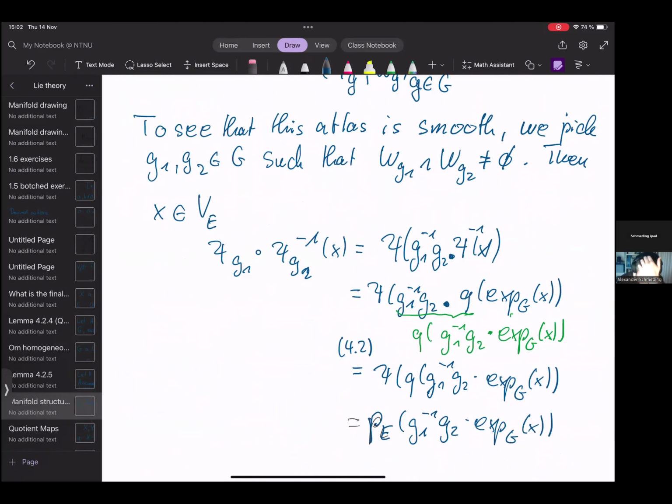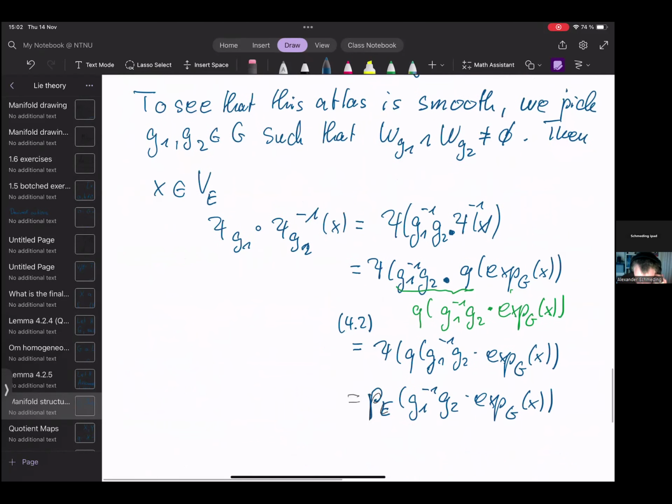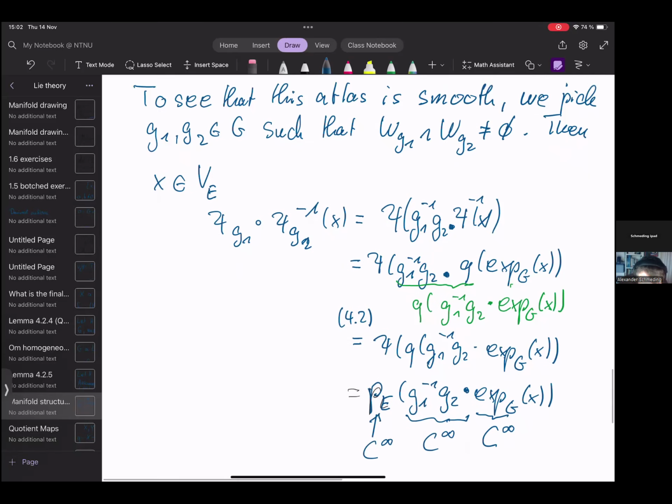Okay, now we are in business. So this is a smooth map. Here we have fixed group elements. Group multiplication with these fixed group elements is smooth. And we know that the map PE is a smooth map.